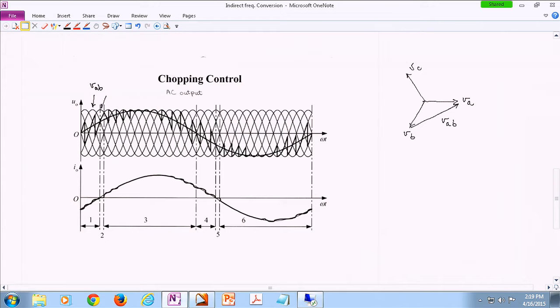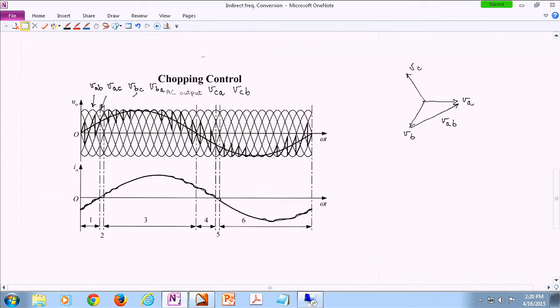The next one would be VAC, or AC. And then we have VBC, VBA, VCA. Unfortunately, we are running out of space here. VCA and VCB.